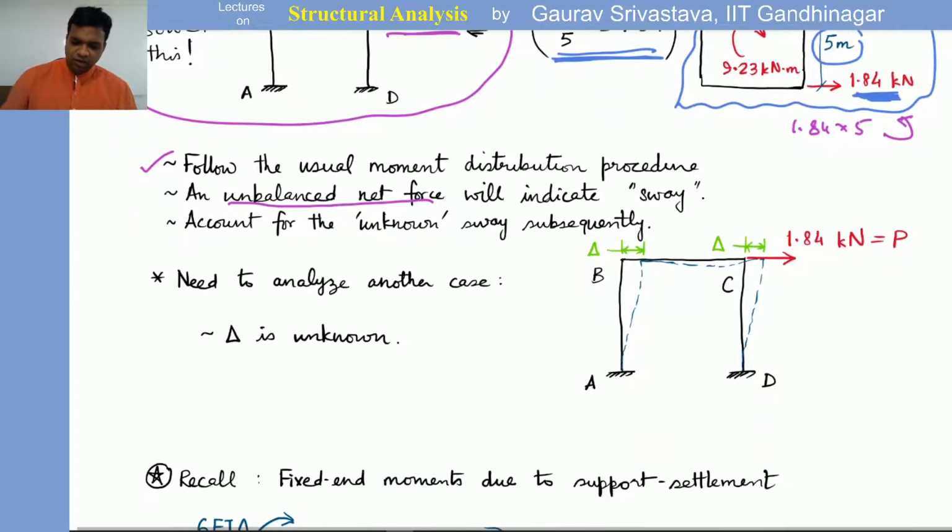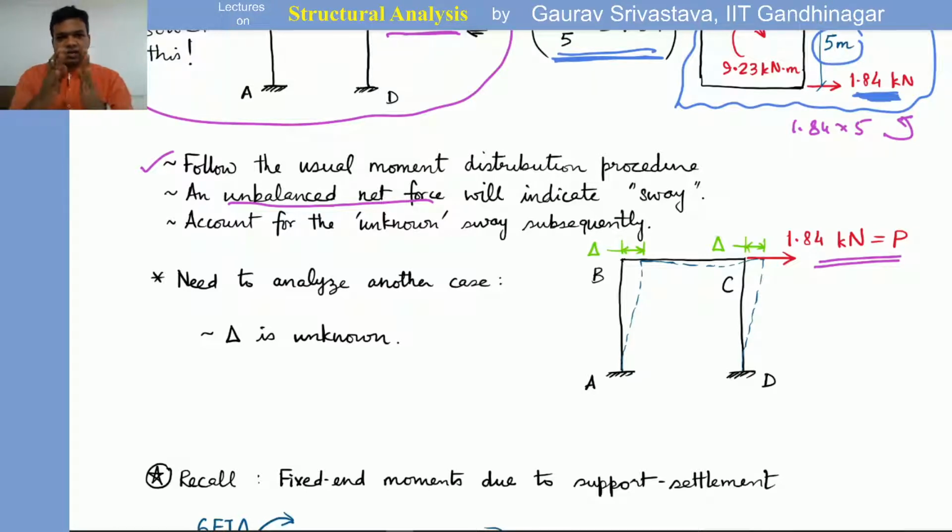So basically we apply a force of 1.84 kilonewton to balance that reaction force, and in doing so we induce a sway. This is just like inducing a rotation by applying a moment. So we apply a force to apply a displacement. We apply a 1.84 kilonewton force at the beam level BC, and that will induce this delta.